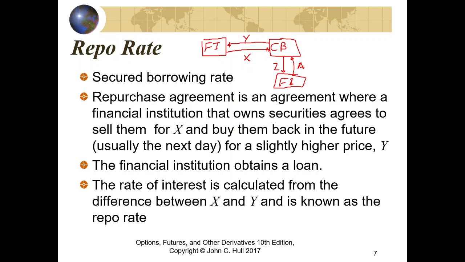In the reverse repo rate, the financial institution will lend to the central bank by buying an asset from the central bank and selling the asset at a higher price on the following day.